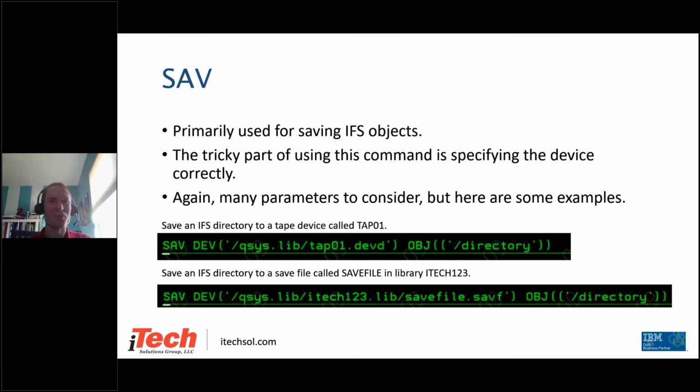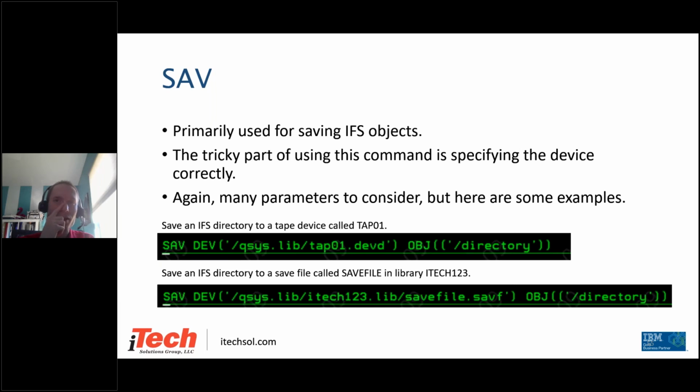Instead of simply being able to put TAP01, we have to put /qsys.lib/tap01.devd. The reason is that device descriptions are all inside of the QSYS library, and then you have to have the file extension of .devd after it. So that's the way you have to list it there.